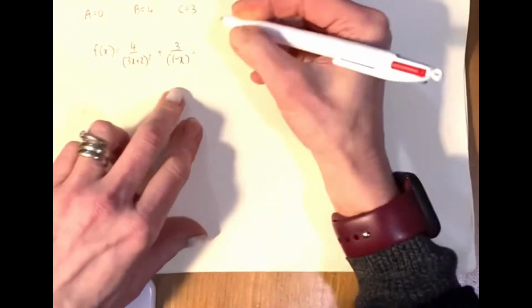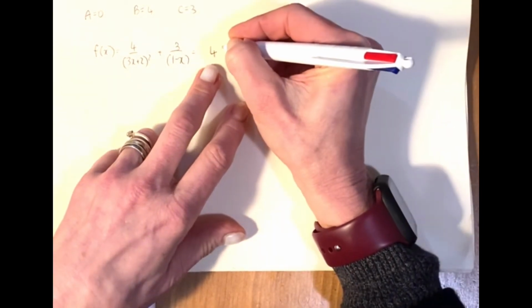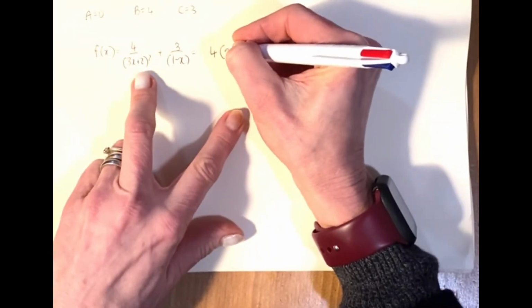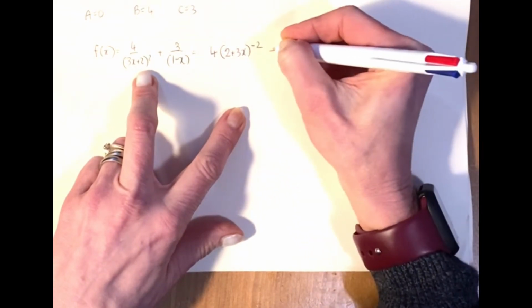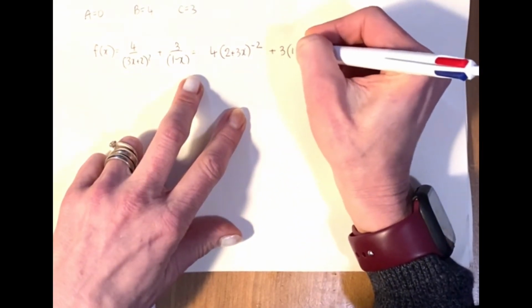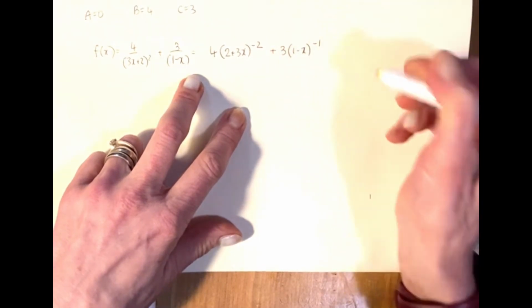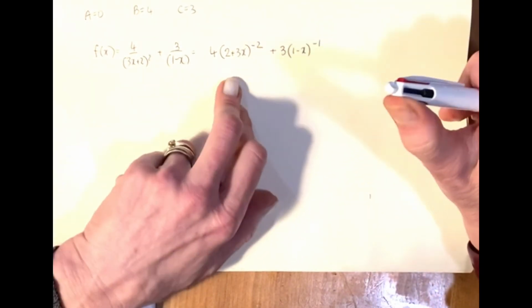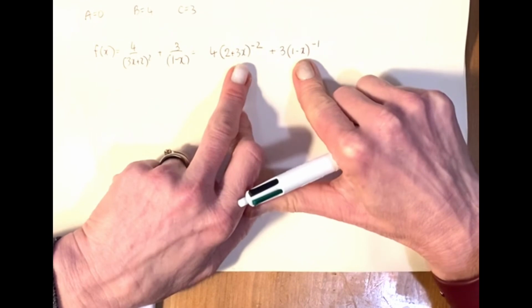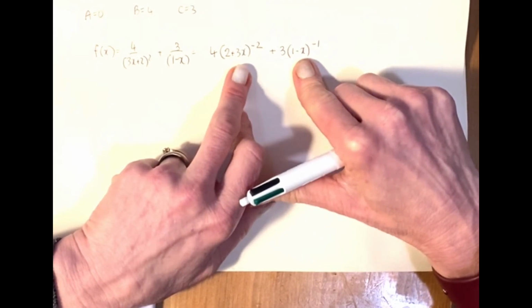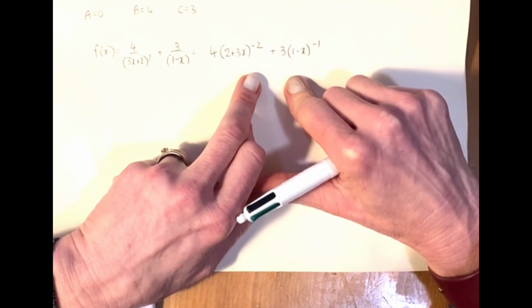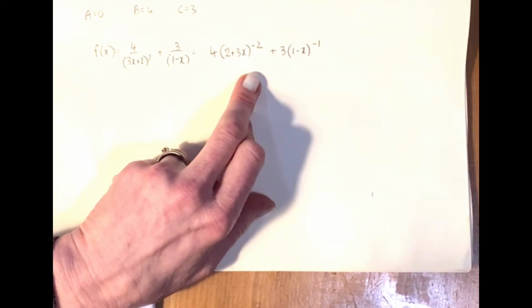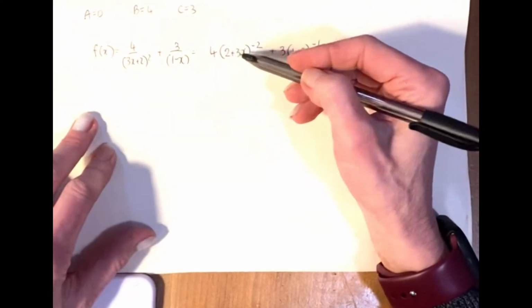So I'm going to rewrite it as 4, and then I'll write this bracket as 2 plus 3x to the power of minus 2, and this one as 3 and 1 minus x to the power of minus 1. I'm going to use binomial expansion to expand these two up to the x squared term, and then collect together the like terms. So let's concentrate on this one over here.